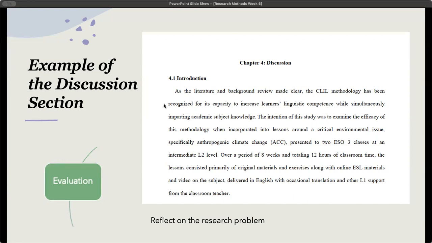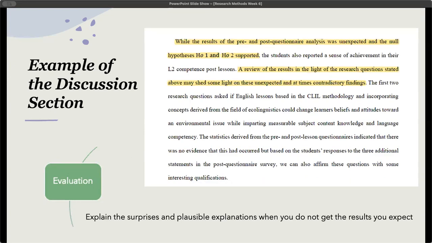So we can see that there's a clear reflection as to where this thesis was going. And I'm not going to read the entire paragraph, but I will show you this part here, which I've highlighted, while the results of the pre and post questionnaire analysis was unexpected and the null hypotheses 1 and 2 supported.